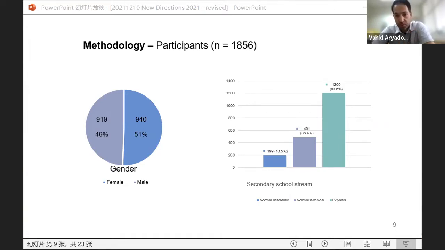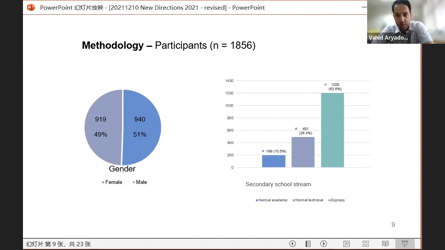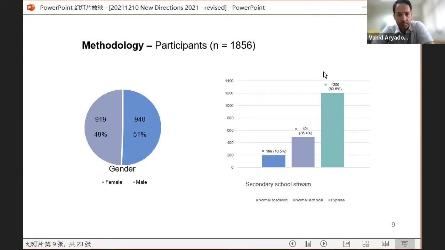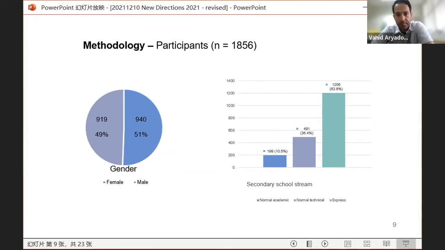One is the normal academic, the other one is normal technical, and the other one is express. The data that has been collected for this presentation is coming from all 3 streams of secondary school students. Okay. Thank you very much. Yes, that's very useful information for our audience.